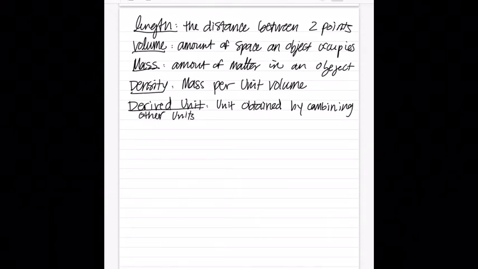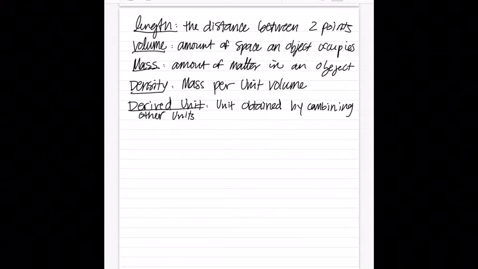Okay, so this is a different type of unit. Now, the units that we've been talking about so far are either base units or very simple. But what happens when you start combining units? Like when you do speed, because that's distance divided by time, so that's meters per second. What happens when you start combining them? That is a different type of unit called a derived unit.